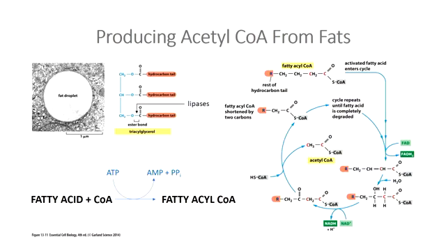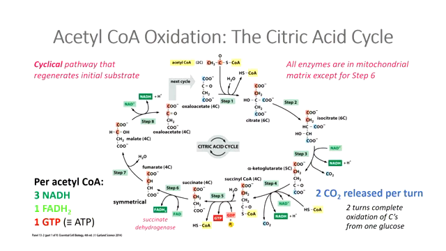And depending on how long the fatty acid chain is, you get a variable number of these. And so you can generate acetyl-CoA by this different pathway using fats rather than pyruvate as your starting material. You generate reduced coenzyme along the way, which is going to be important later in oxidative phosphorylation. And then you get this 2-carbon intermediate acetyl-CoA that you can feed into the citric acid cycle.